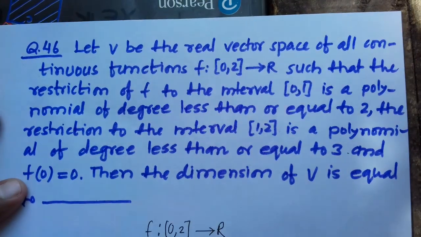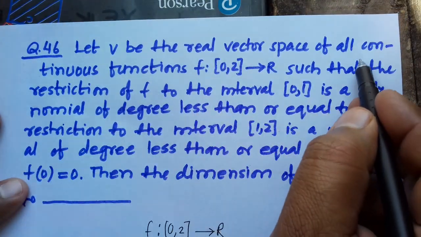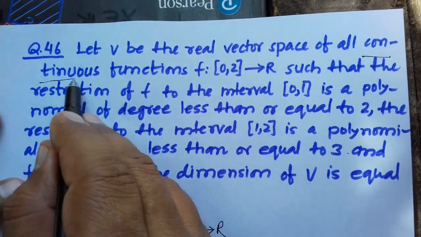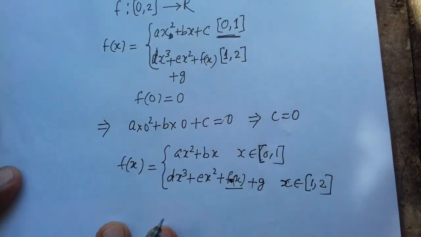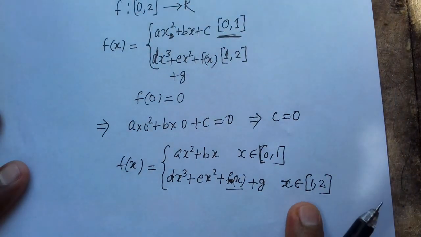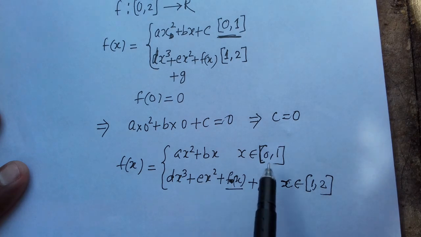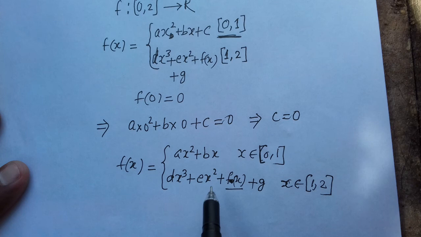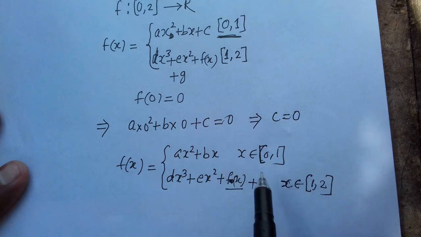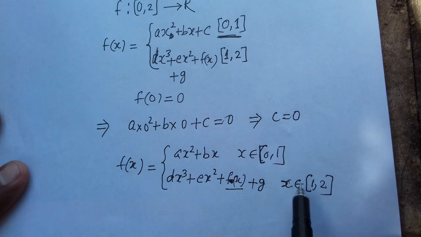You see here, continuous function, and you see this function is piecewise because there are two expressions for two sub intervals. So we check the continuity at the boundary. Boundary means at x equals to 1.